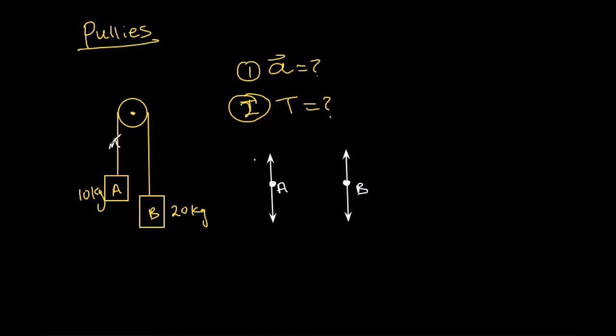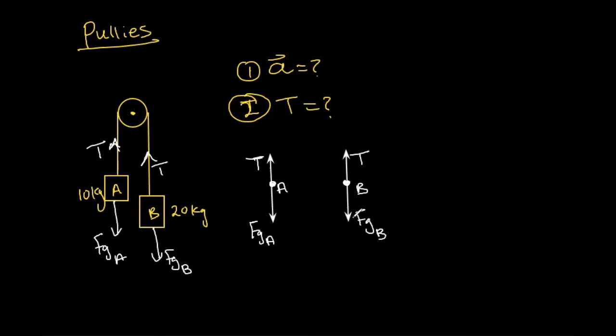For A, that's your tension. For B, the tension is going to be up as well. Then you're going to have the force of gravity for mass A, and the force of gravity for mass B.